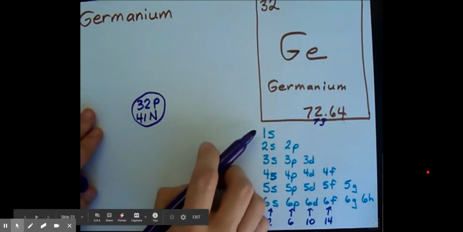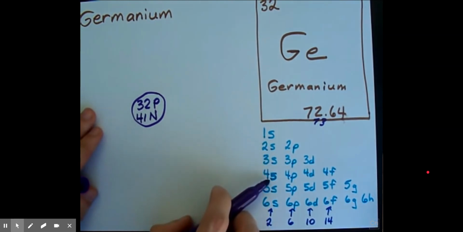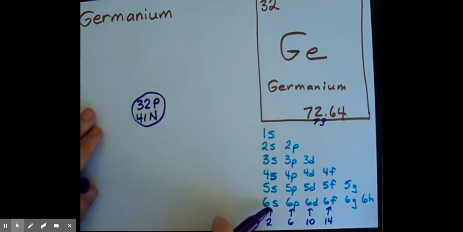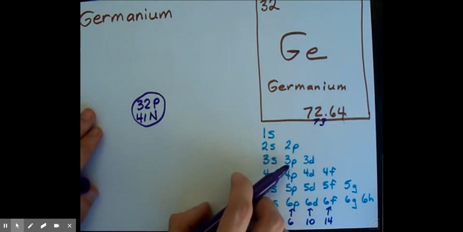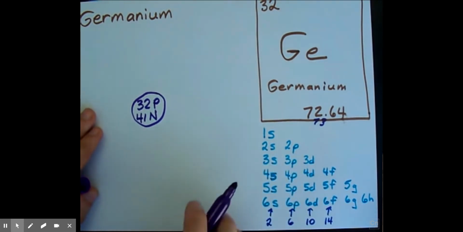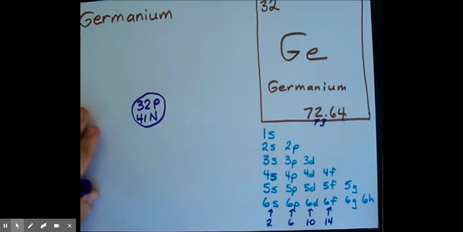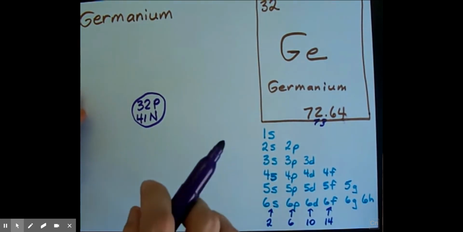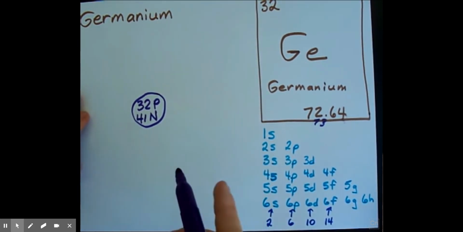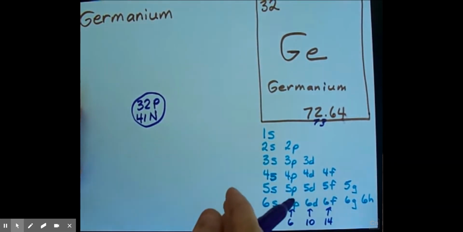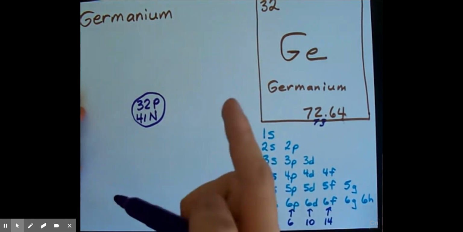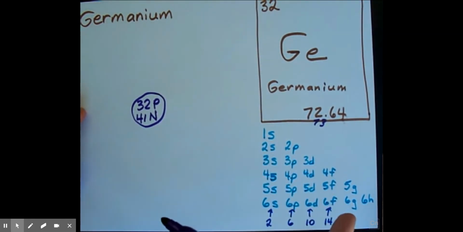This is a little chart where you have the S's down 1, 2, 3, 4, 5, 6, P's starting at 2, D's starting at 3, and all the 1s and 2s and 3s and 4s are aligned. This chart is going to tell us how many electrons to put in each shell as we progress through.